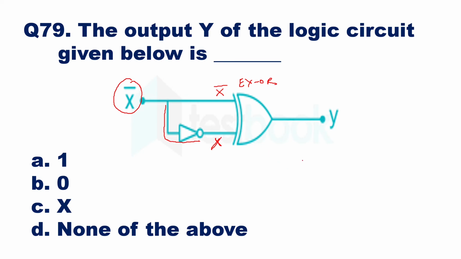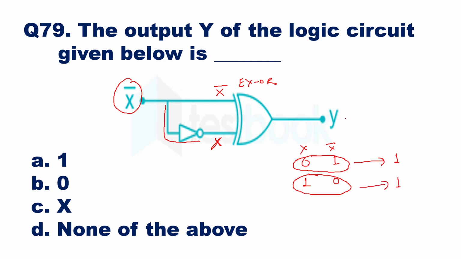So if X is equal to 0, X bar is equal to 1. And if X is equal to 1, X bar is equal to 0. So both the inputs will be different. If one is 1, then the other will be logic 0. If one is logic 0, then the other will be logic 1. When both the inputs are different, the output of the XOR gate is logical 1.